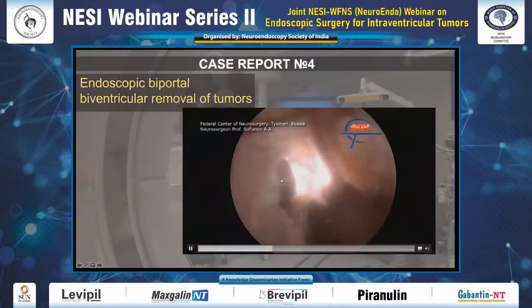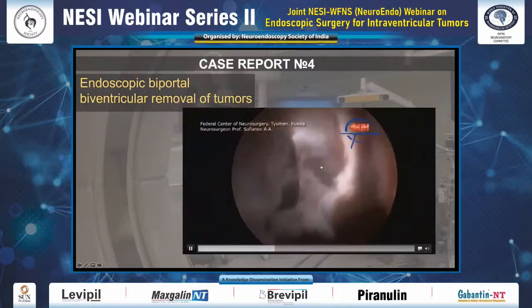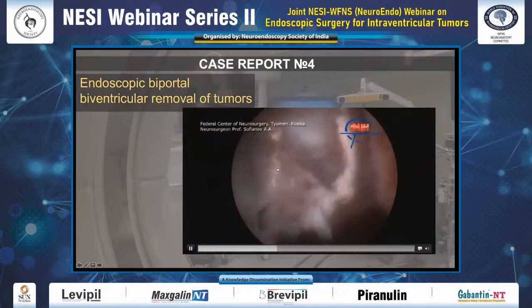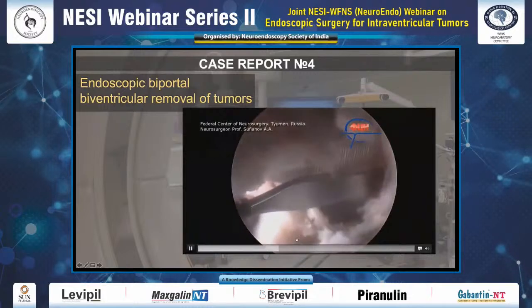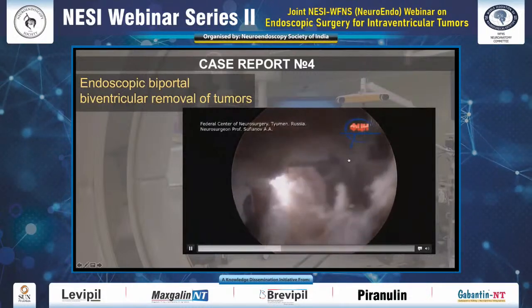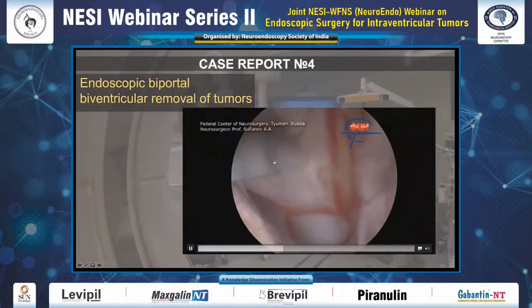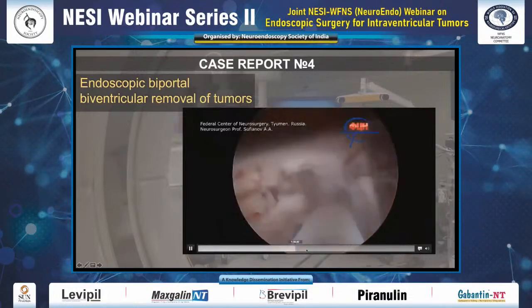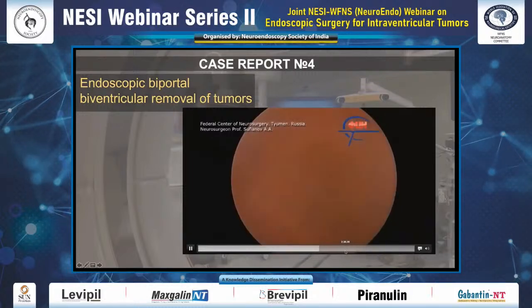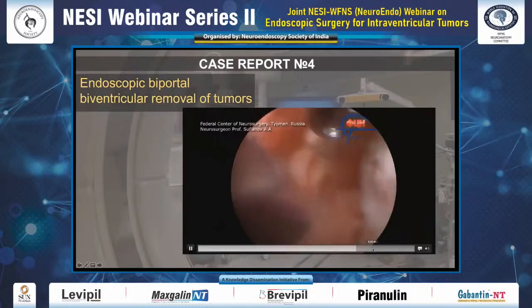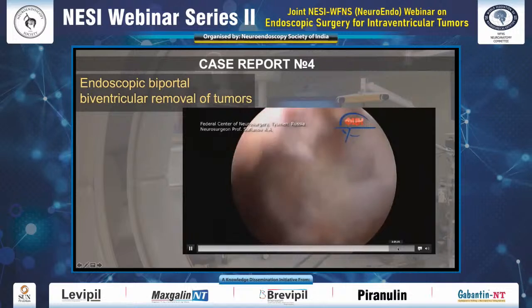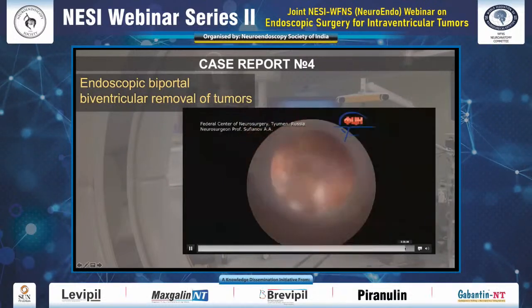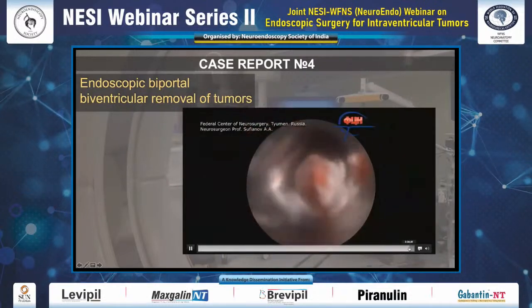You see the instrument from another port, coagulate, just under visualization. Again, I introduce another instrument from another port. And the good visualization is a big advantage of this kind of biportal approach. And total removal of the colloid cyst.